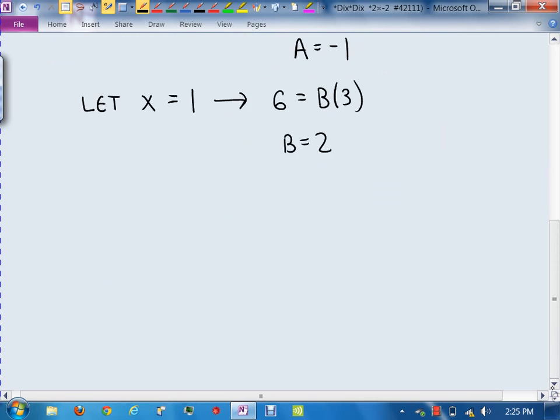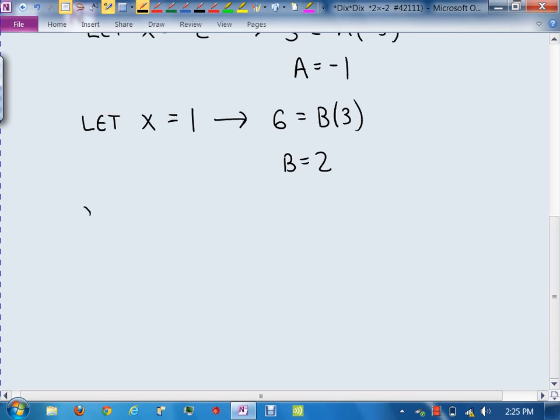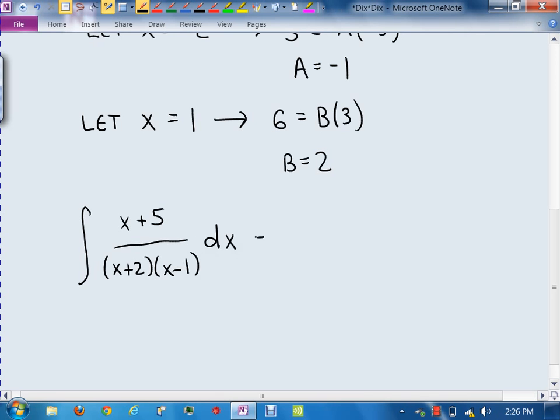So now I can jump back to the original problem. And the original problem, I had factored it, right? It was x plus 5 over x plus 2 times x minus 1, dx. And what I'm saying is I can now break that into two fractions.